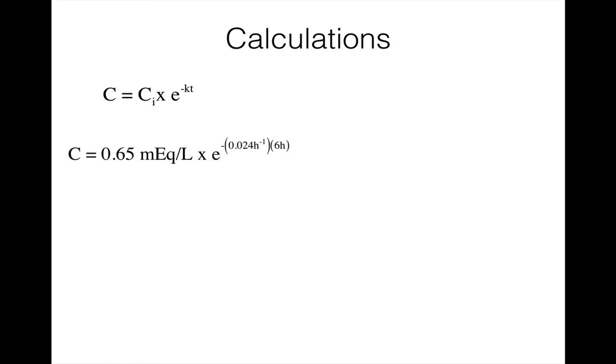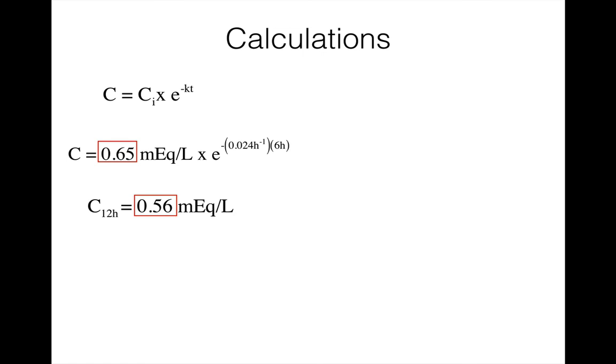The CI for the first method was 0.65 milliequivalents per liter. The K was 0.024, and we're going down the concentration time curve 6 hours. The predicted concentration at 12 hours is 0.56 milliequivalents per liter, and compared to the concentration at 6 hours, it's only slightly less.